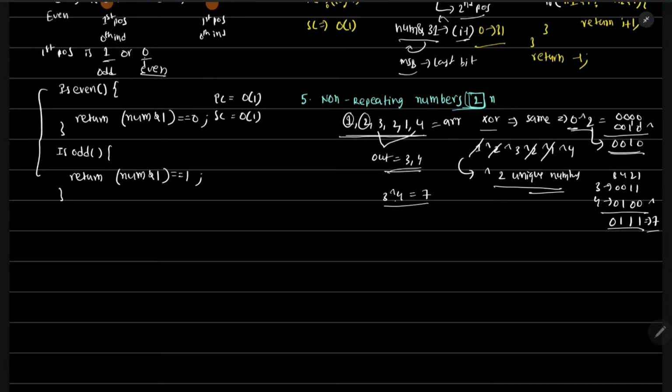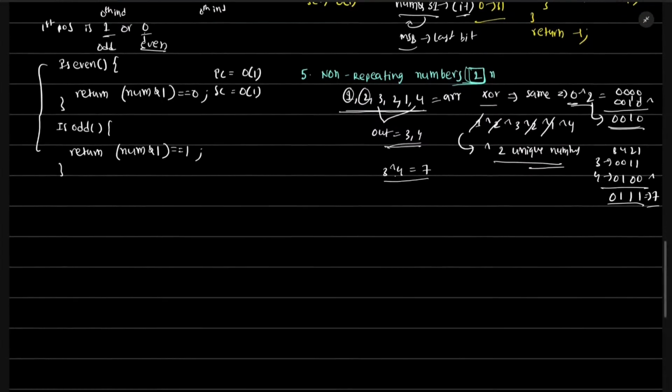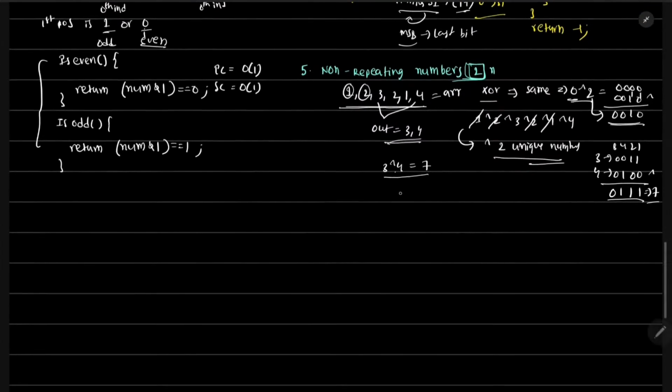If you carefully observe what we have to do, there is one more property you have to learn here, which is getting the rightmost different bit from this XOR. The value 7 is 0 1 1 1, with place values 8 4 2 1. If I take the negative value for 7, it will be the 2's complement.